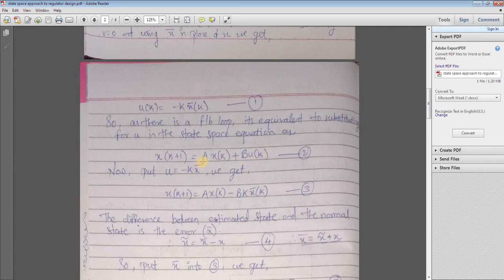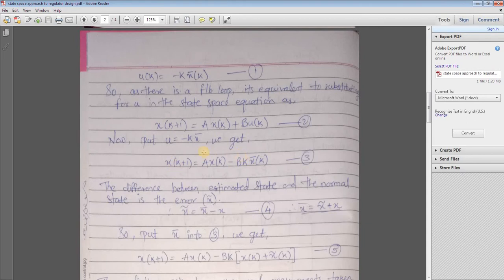This is a simple state space equation, and we are going to put the value of u here. So putting u equals minus K x bar, we get x of k plus 1 equals A x of k minus B K x bar of k, which is the value of u. This is equation number 3.